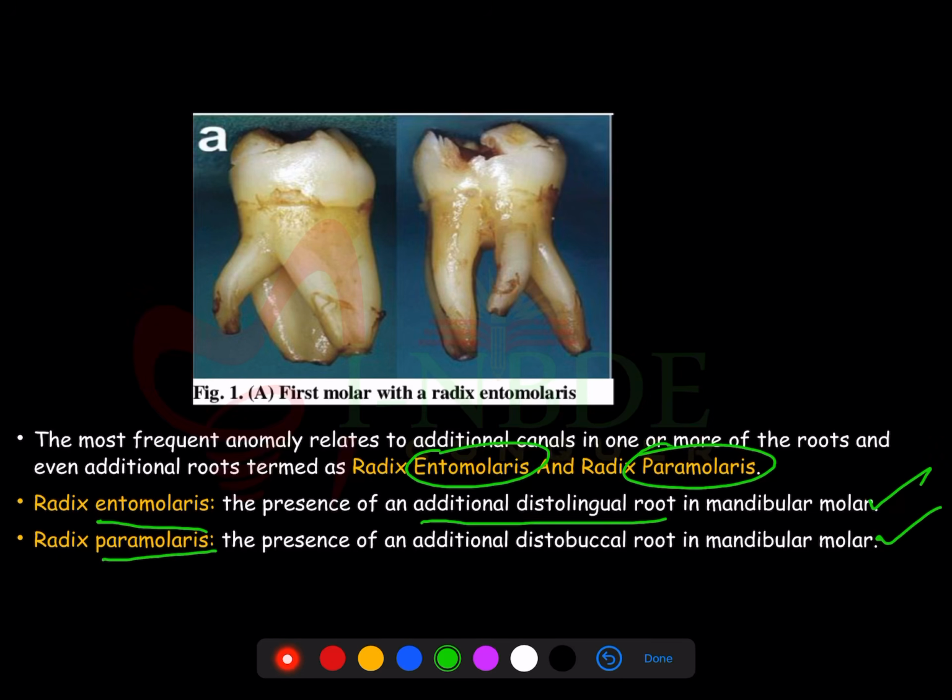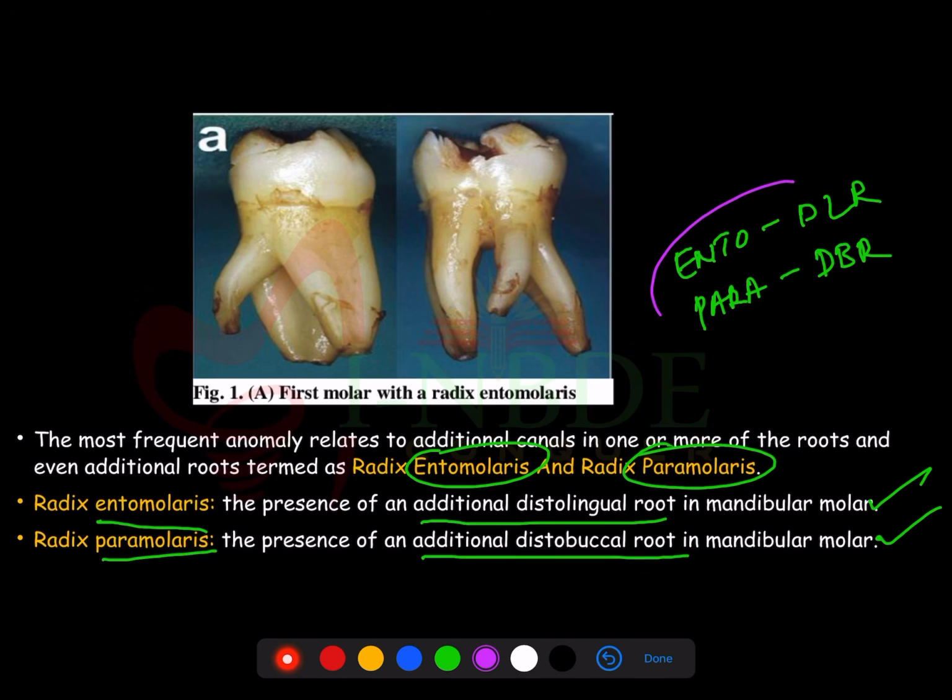If it is an additional distobuccal root, it is called paramolaris. So make a note, ento is distolingual root and para is distobuccal root.